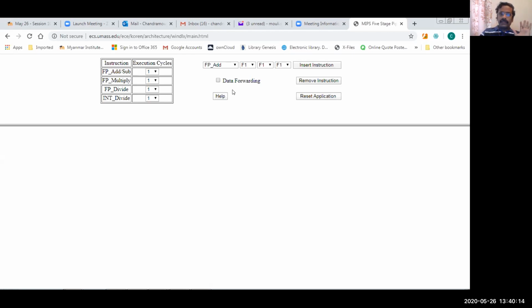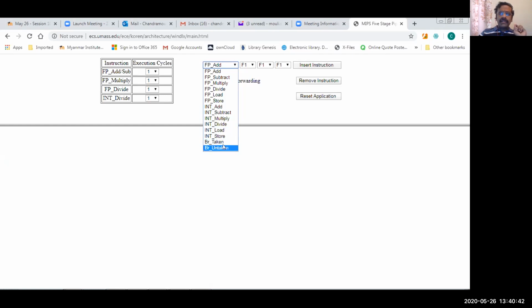To start with, let us do a simple simulation. Let me show you what instructions are there. This is the MIPS pipeline, but with the different hardware modules that I explained, divider, subtractor, and different cycles you can configure. There are floating point operations as well as integer operations.